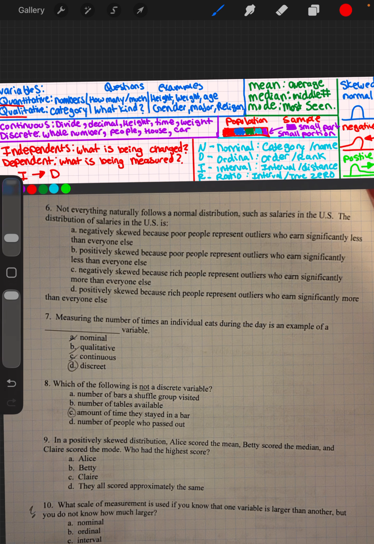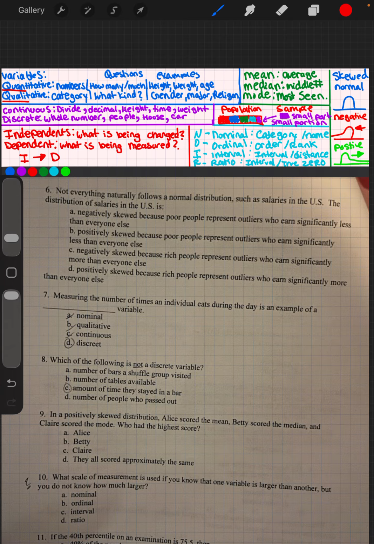I'm going to try to show my chart. So normal distribution: they want to show that not everything shows a normal distribution, like salaries.